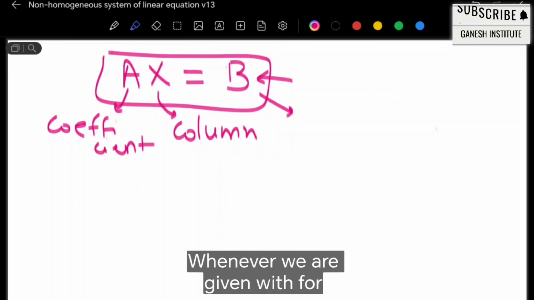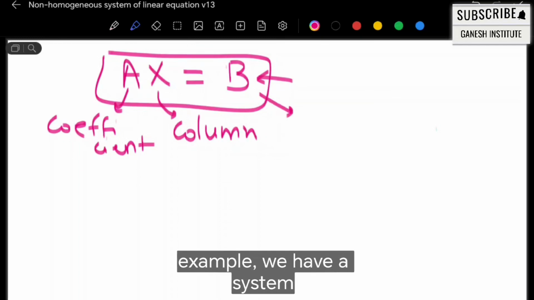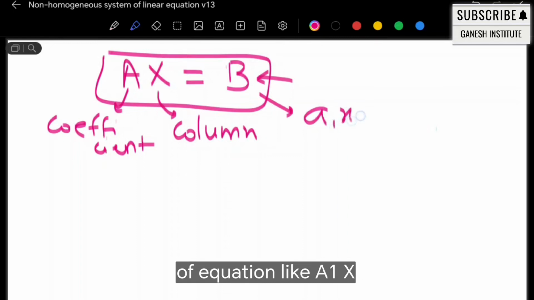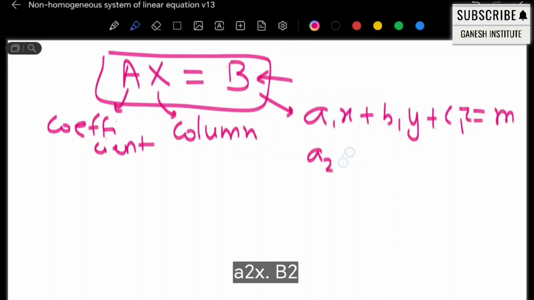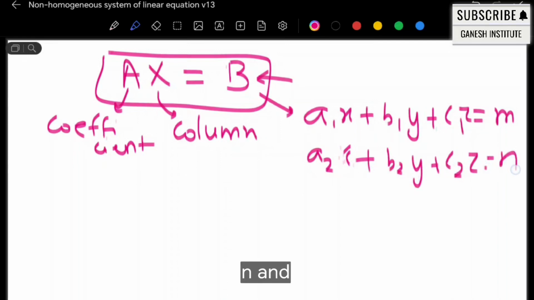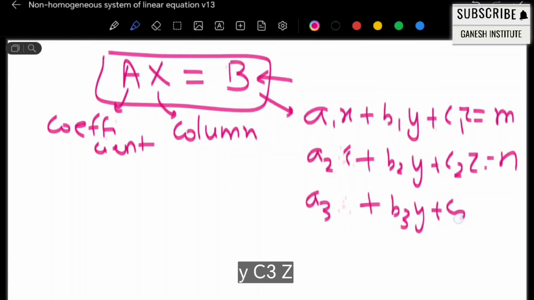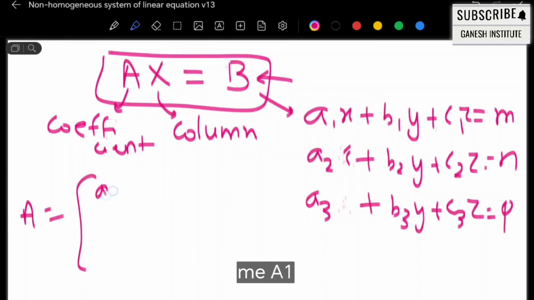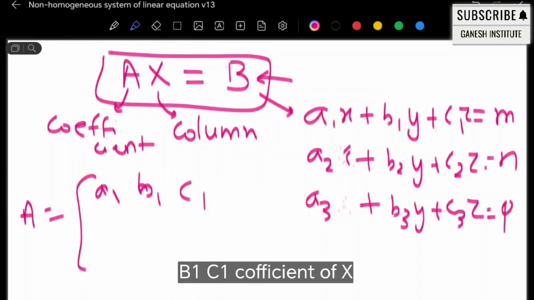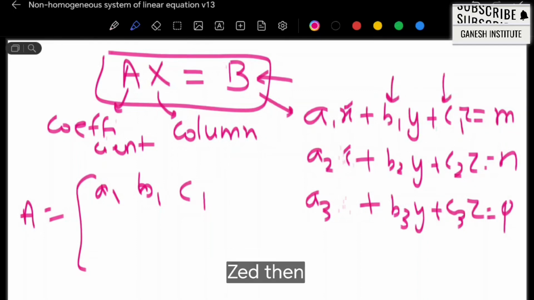So for example, we have a system of equations like a1x + b1y + c1z = m, a2x + b2y + c2z = n, and a3x + b3y + c3z = p. So the coefficient matrix here: a1, b1, c1, the coefficients of x, y, z.